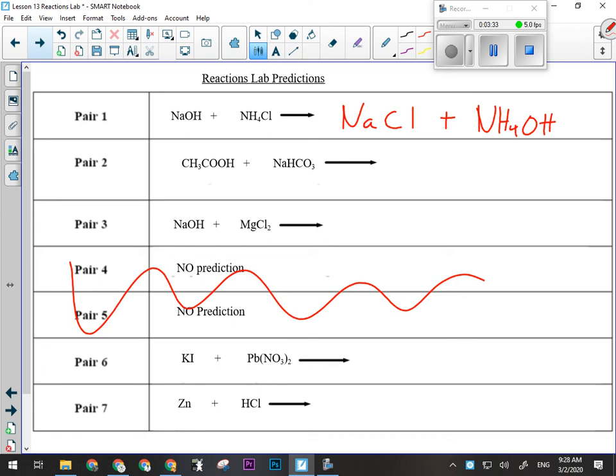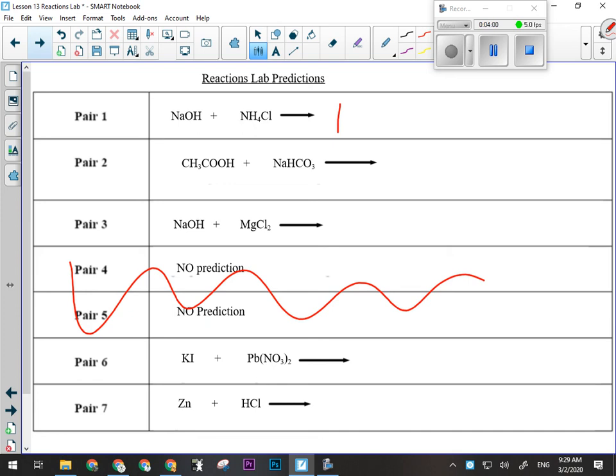It smelled really bad. If it smells really bad, what was produced? Gas. Are either of these compounds a gas? They're both ionic compounds. They can't exist as a gas unless there's thousands of degrees Celsius. So neither of those is a gas. So here's what I'm going to do to help you out with predicting the products of this reaction.